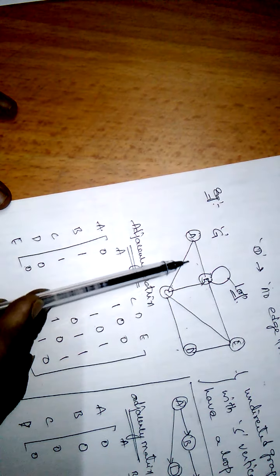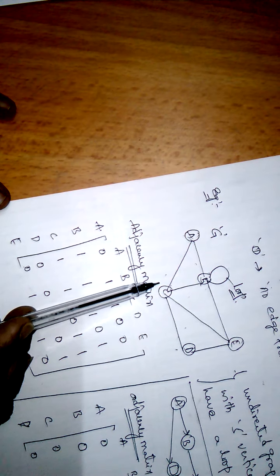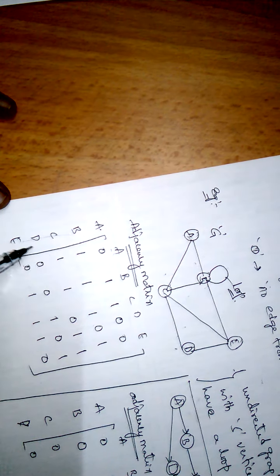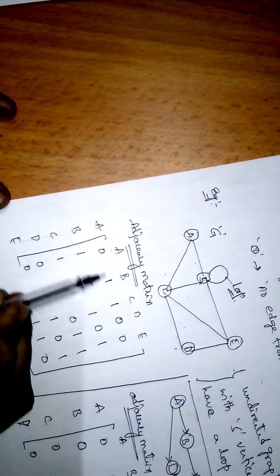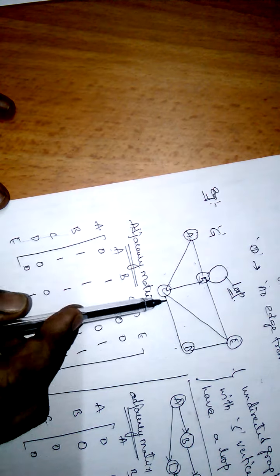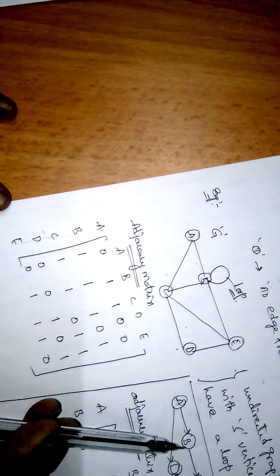Now for the same graph we have 5 vertices. We are representing these 5 vertices as rows and columns: A, B, C, D, E on rows and A, B, C, D, E on columns.